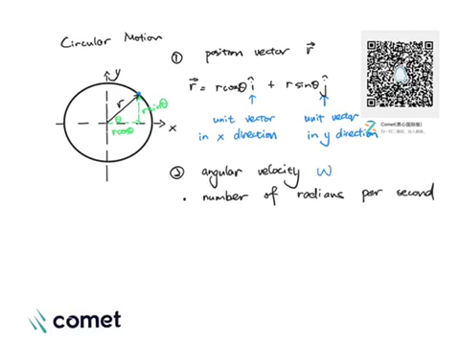The equation is also similar to linear velocity. In linear velocity, we have displacement over a time interval. In angular velocity, we have a similar formula: angular displacement over a time interval.